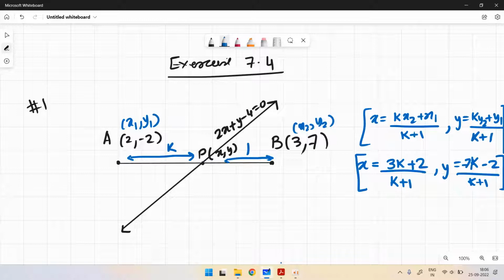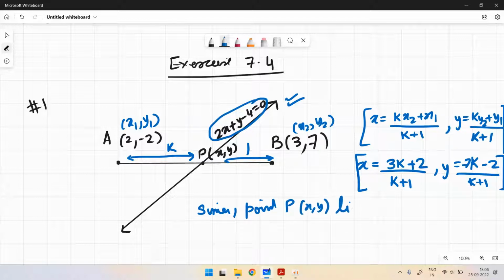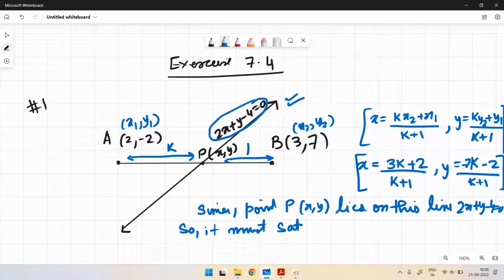So you got the coordinates of the point (x, y) in terms of k. This k is unknown. Now you know that since this point P lies on this line, it must satisfy its equation.